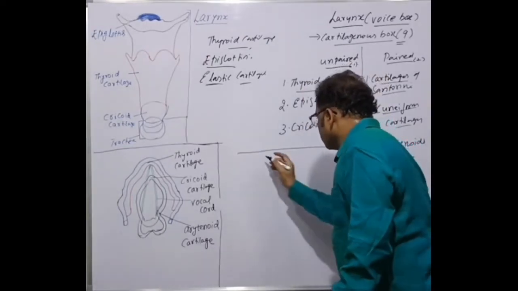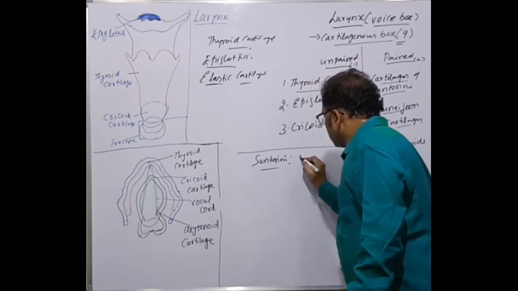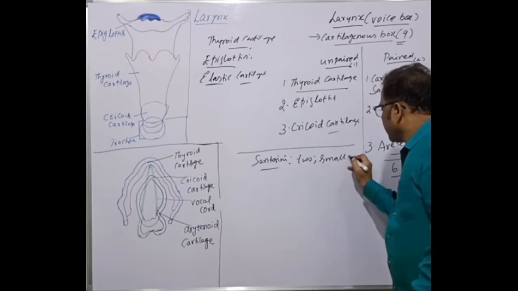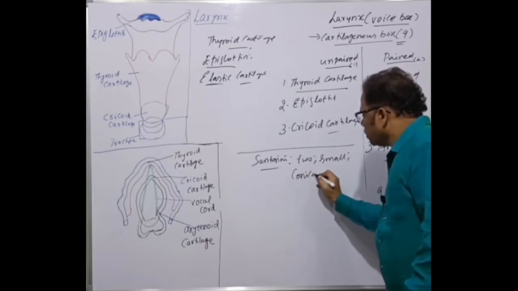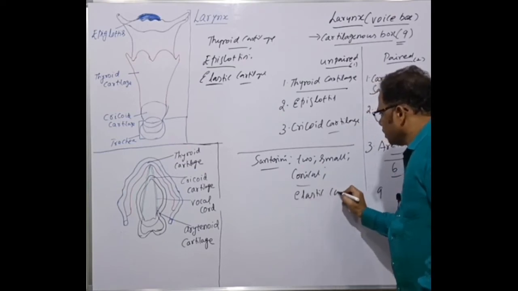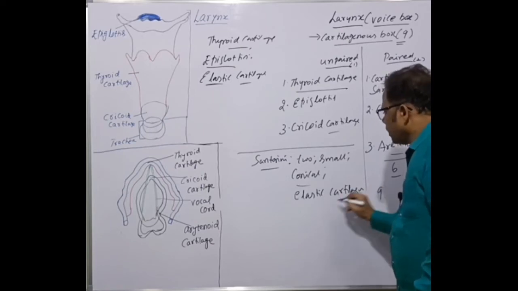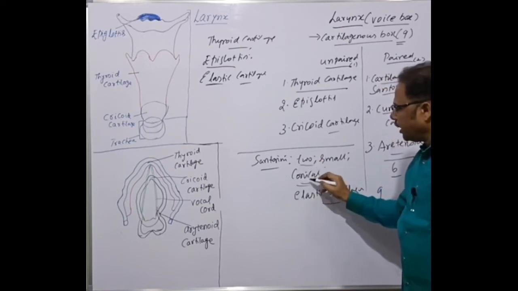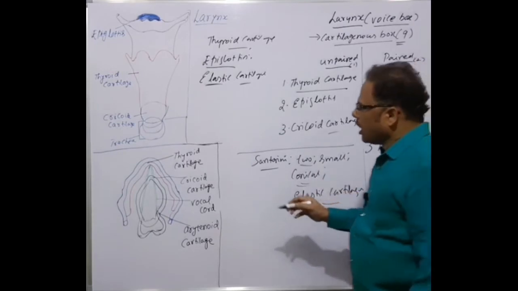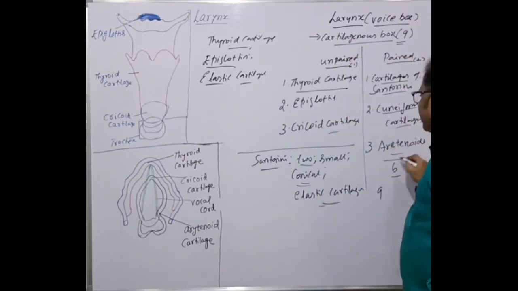There are two, because they are paired, small, cone in shape, and they are made of elastic cartilage. Santorini cartilages are made of which one? Elastic cartilage. Two in number, small, thin and conical structures. I'll explain the location here. Okay. Next one is arytenoid cartilages.